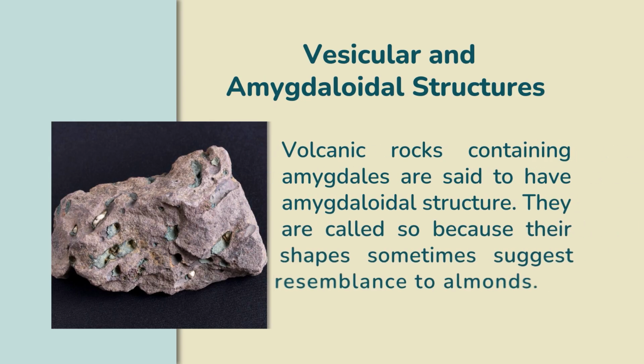The secondary silicates or carbonates filling the vesicles are called amygdales. The volcanic rocks containing amygdales are said to have amygdaloidal structure. They are called so because their shape sometimes resembles almonds.